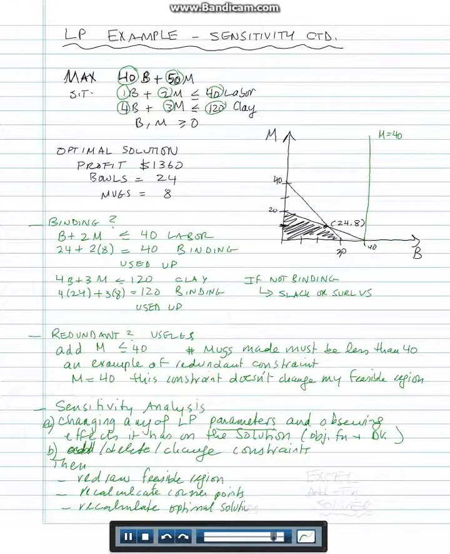Unfortunately, this is the only way to do it manually. So there is no easier way to do it manually. And you can only do it manually if you have two decision variables.